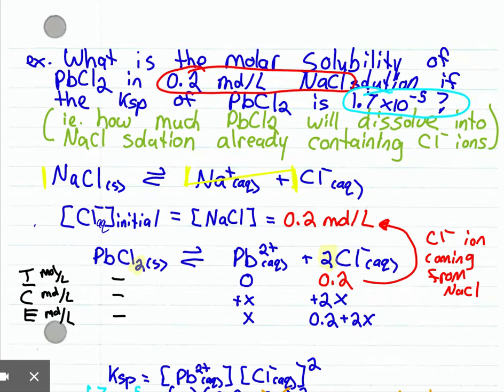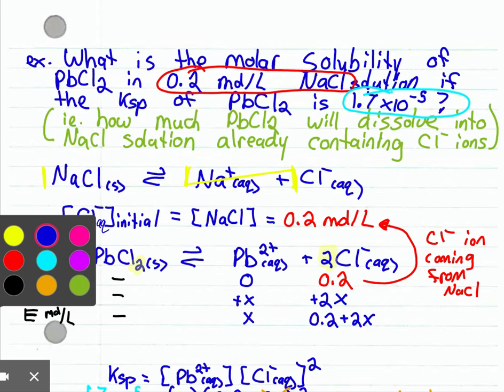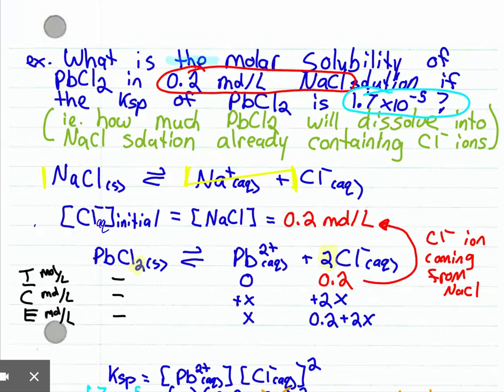It is asking for molar solubility of PbCl2. Molar solubility of PbCl2. So it's the PbCl2 that goes in the ice table.